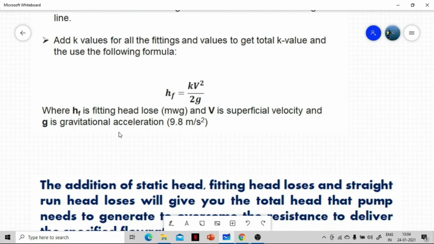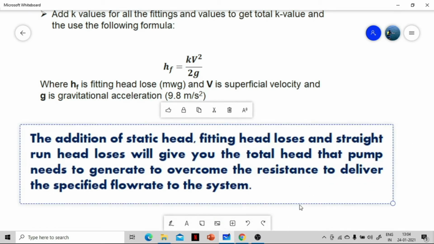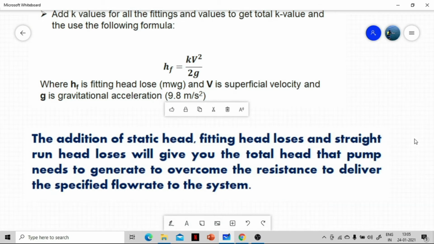Now, adding the static head, which is not going to change, to the fitting head losses and the straight run head losses gives you the total head that the pump needs to generate to overcome the resistance and deliver the specified flow rate to the system.